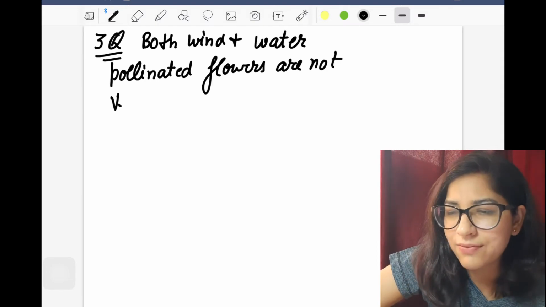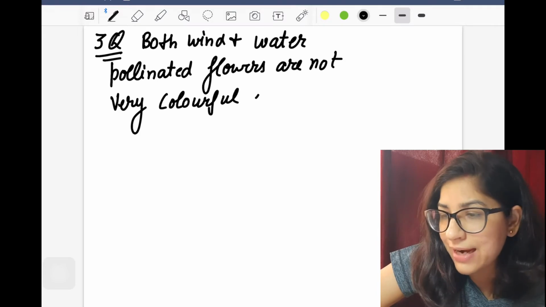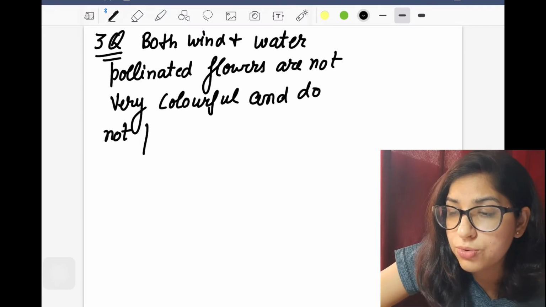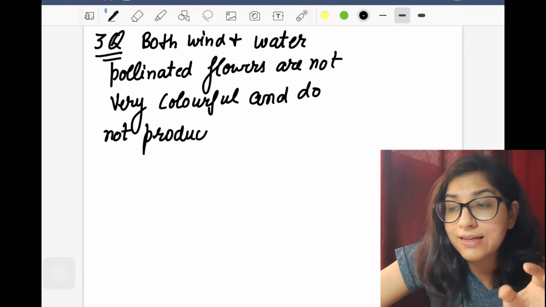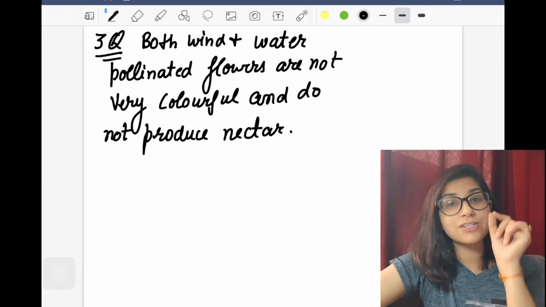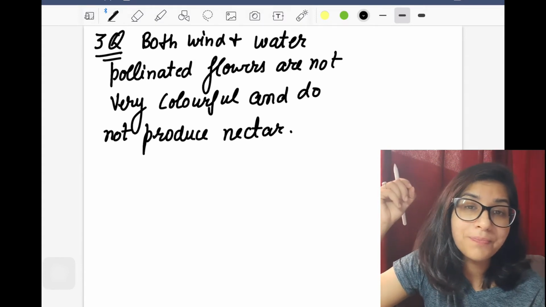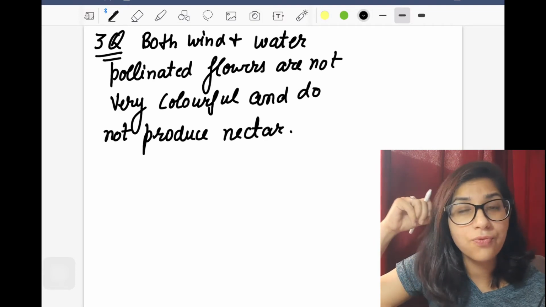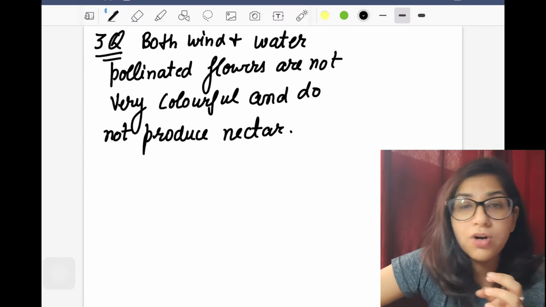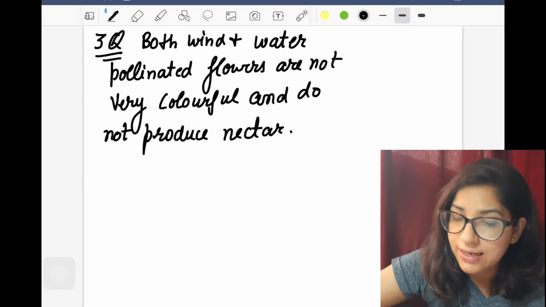We know that even the wind flowers are not very colorful. And the second thing is they do not produce nectar. These are the characteristics of anemophilic plants. This is your practical question also: write down three characteristics of those plants which show anemophily. So they are not colorful, they are very dull, and they do not produce nectar.